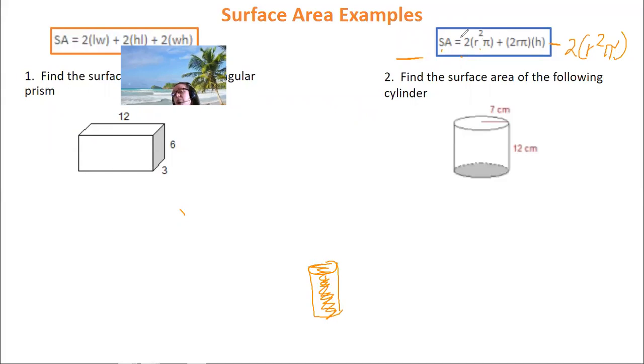Because then it's like you're finding it and then you're subtracting it out again, or just focus on this middle part. 2 times radius times pi times height. That's what I would do. Try it that way, because this part represents the circle.